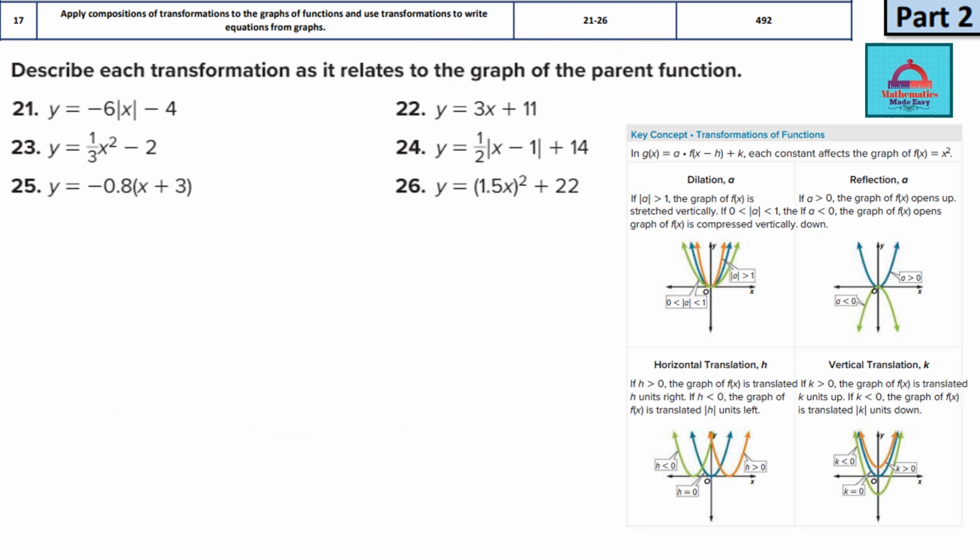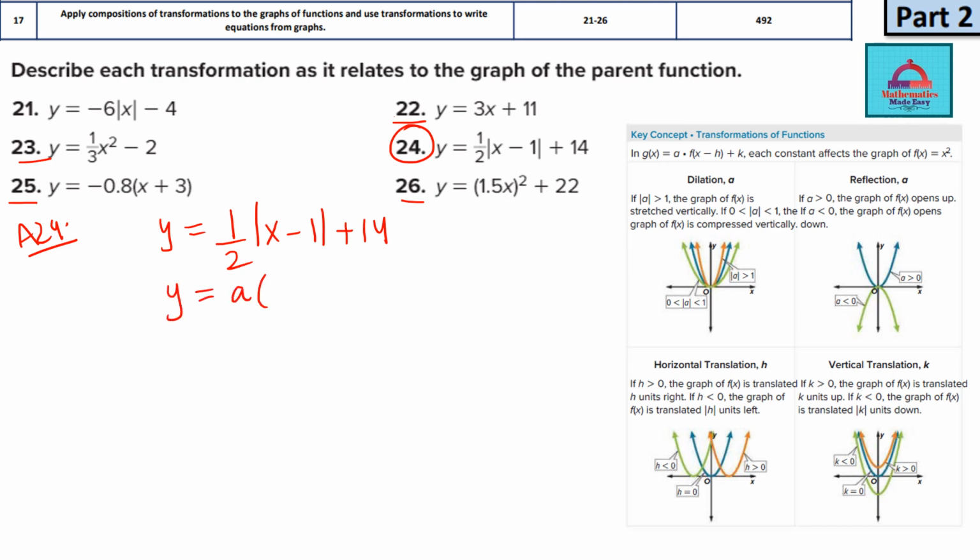Question 22 and 23 are quite easy, so let me do now question 24 in a similar way. Again, we are using the same method, so you may try questions 22, 23, 25 and 26 yourself and then check your answers in the next slide. So let's do 24. First I write the equation which is given, that is this one, and then I write the transformed equation which I compare, having a times f(x minus h) plus k.